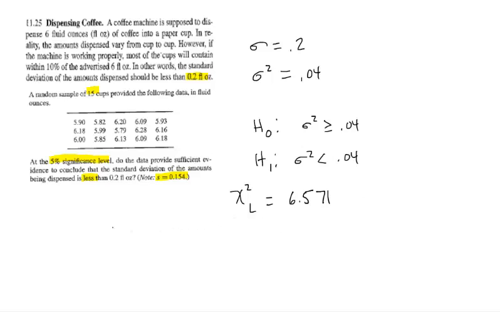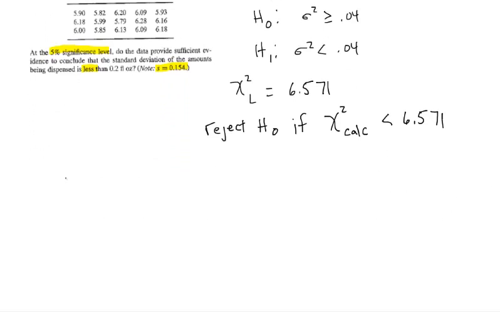So we're going to reject H naught if chi-squared calc is less than 6.571, and now we want to find our calculated value, so we're going to do chi-squared calc, and that is equal to N minus 1 times S squared divided by sigma squared.